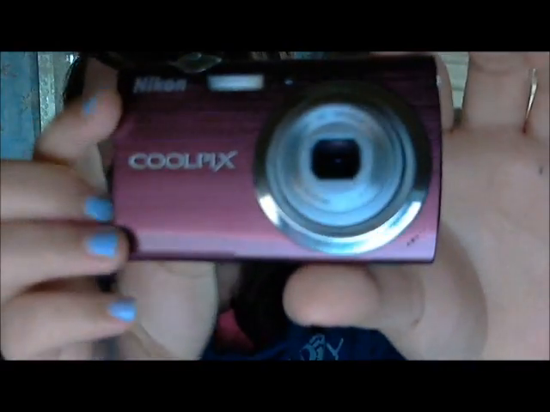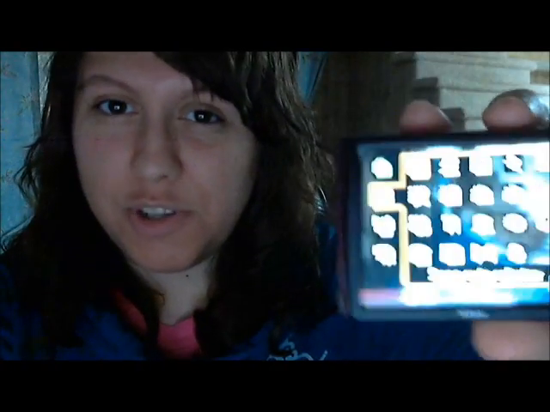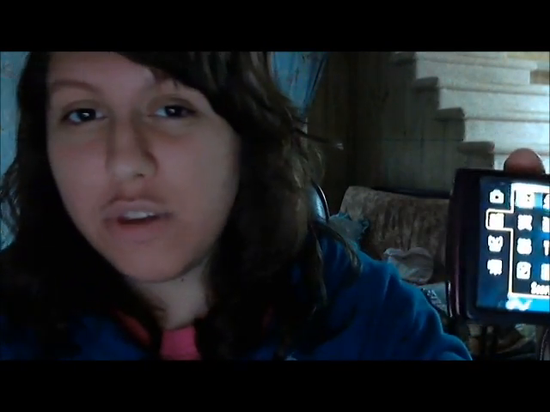But anyway, if you have a digital camera, you might have some of these settings. This is a Coolpix. For people who don't really know anything about photography, what these settings are supposed to do is that if you're in a certain situation, you can pick one of these.